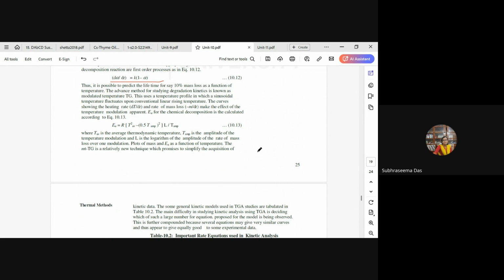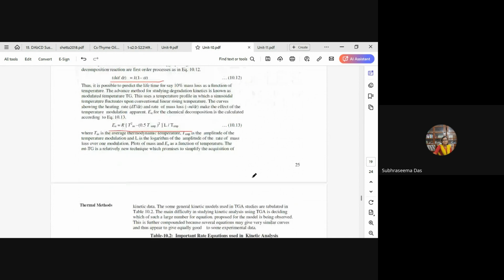Now using the value of dt by t, we can modify the EA, the activation energy shown in 10.11 to 10.13, and it is given by the equation in 10.13. Here T average is the average thermodynamic temperature, T amp represents the amplitude of the temperature modulation, and capital L is the logarithm of the amplitude of the rate of mass loss.